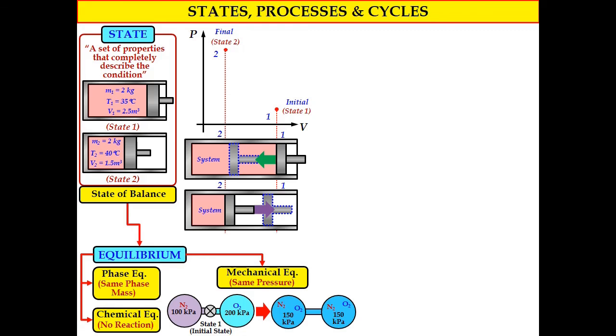So after a certain period of time, because we opened the valve, the pressure will be the same, 150 kilopascal for both. We consider this state number 2, the final state. Because the pressure is the same, we consider this type of equilibrium as the mechanical equilibrium.